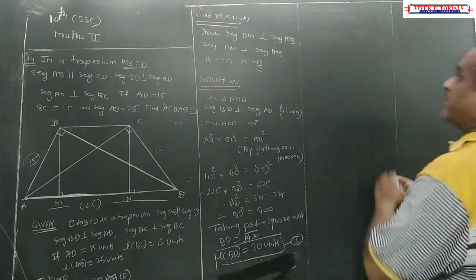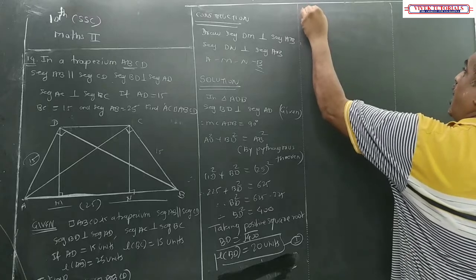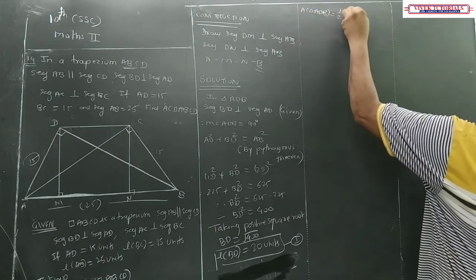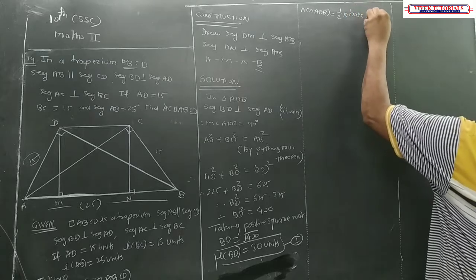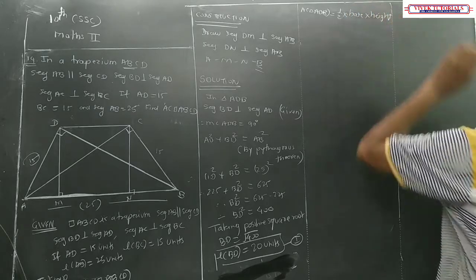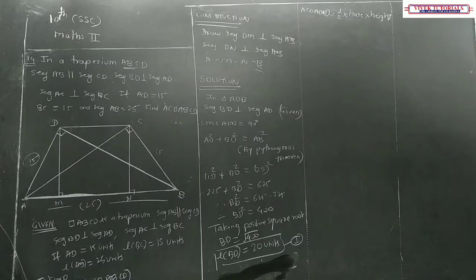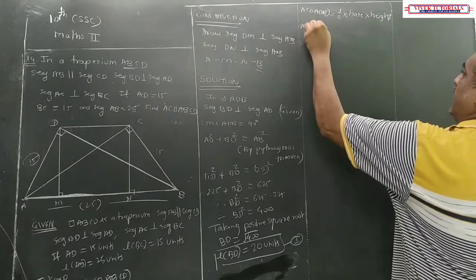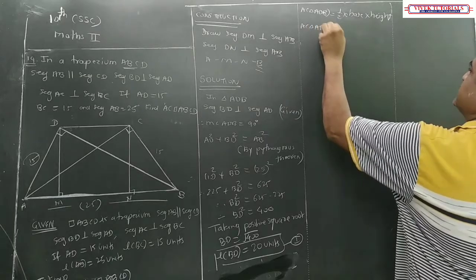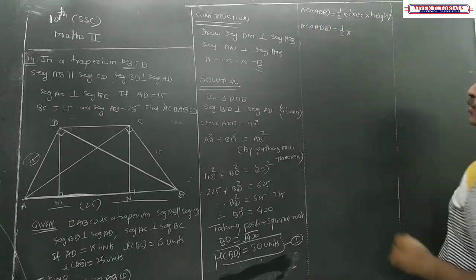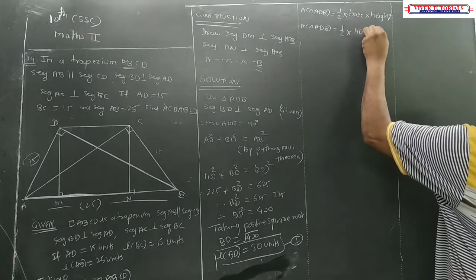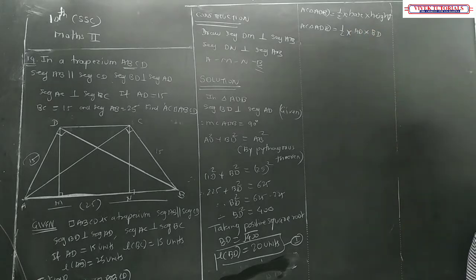So what is the area of triangle ADB? Area of triangle ADB is equal to half into base into height. I am taking AD as the base and BD as the height.